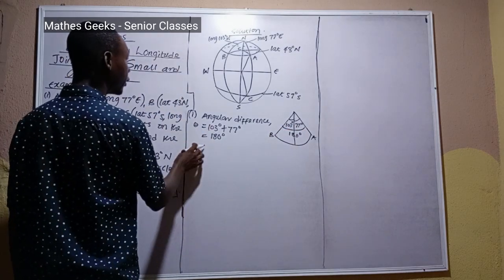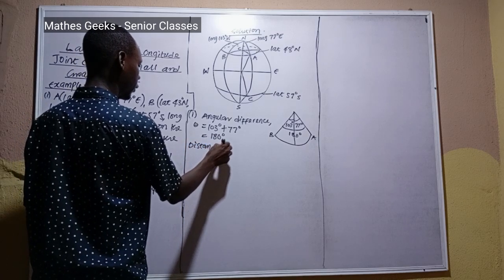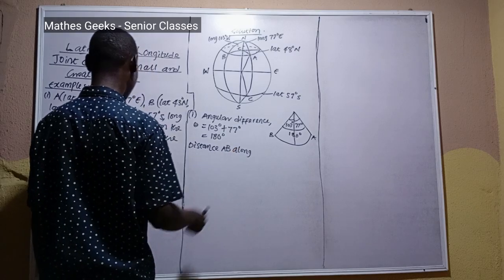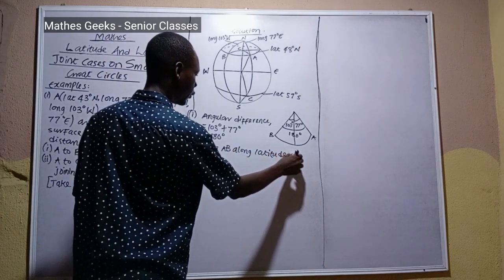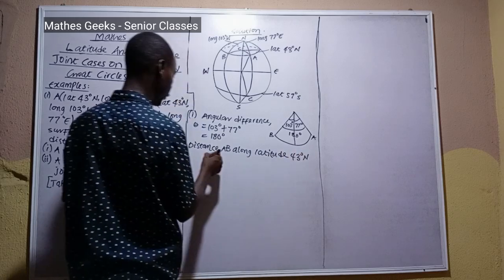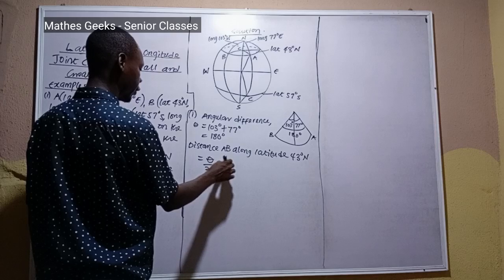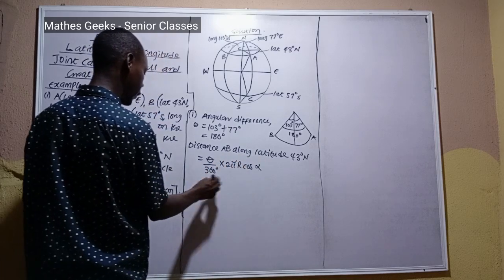Next is the distance between A and B along latitude 43 degrees north, which is equal to theta over 360 degrees times 2 pi r cos alpha.